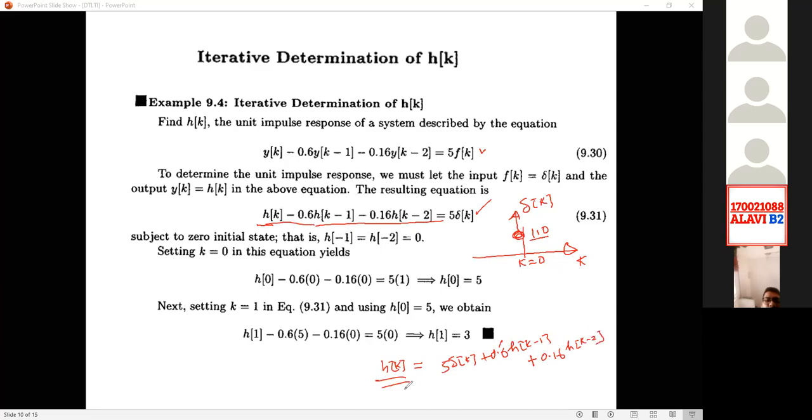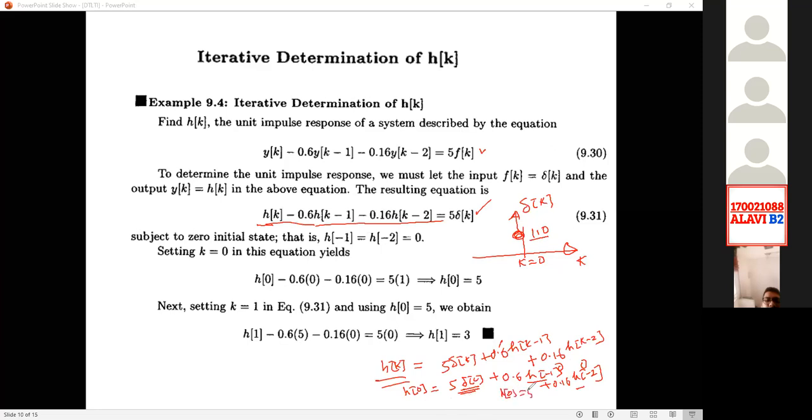Then you find your h[0]. h[0] equals 5 delta[0] plus 0.6 times h[minus 1] minus 0.16 times h[minus 2], isn't it? Your initial values for h were given as 0 for negative index. So this is 0, this is 0, and delta[0] equals 1, isn't it? So your h[0] equals what then?